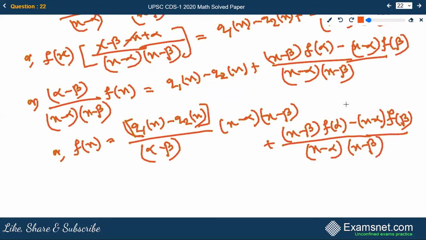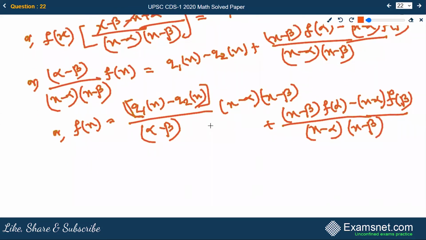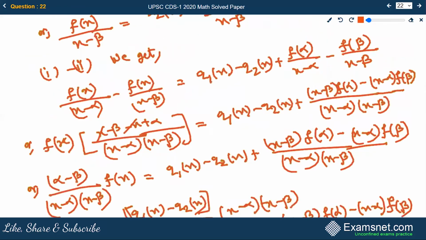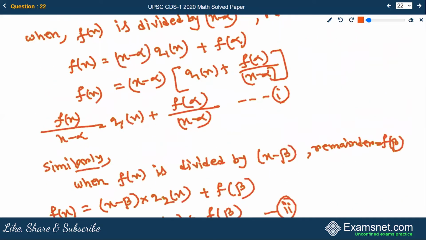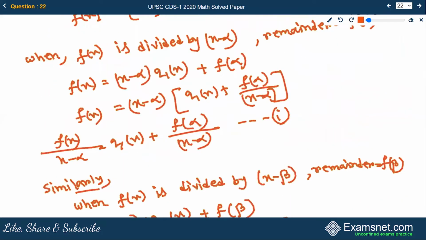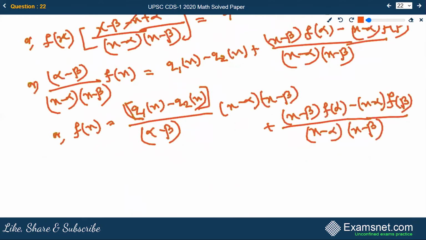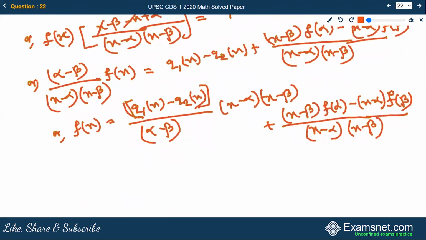So if we compare this with the division algorithm, we can say that here x minus alpha x minus beta is the divisor, this is the quotient, and this part is the remainder.